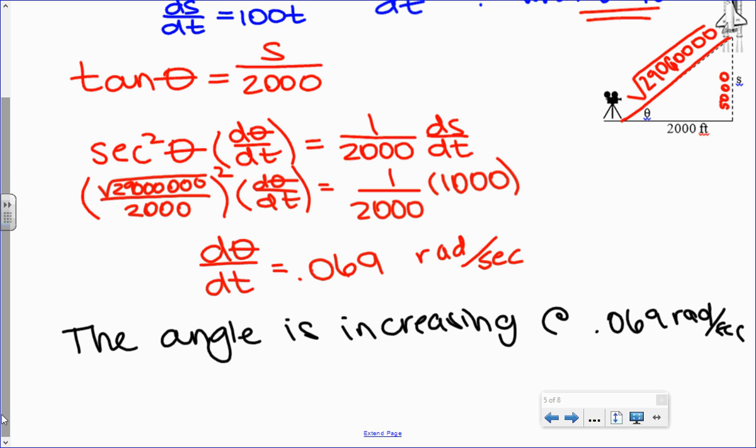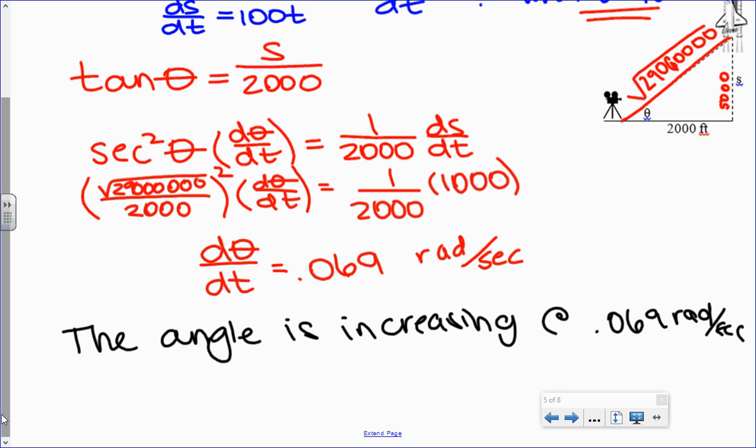Okay. So before we move to the next example, what are some words that jump out at you to tell you that we're working with a related rate problem? Like, what are some things that have stuck out to you? You get some sort of measurement that's a rate, right? It might not say the word rate, but we've seen centimeters per second, miles per hour.